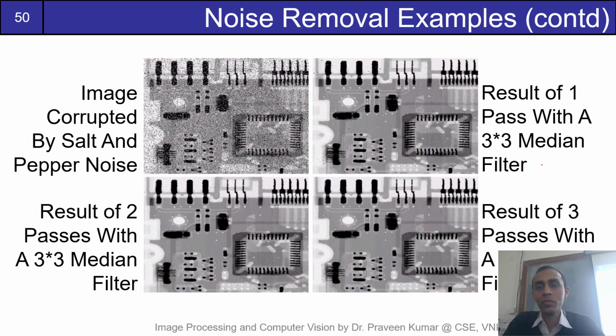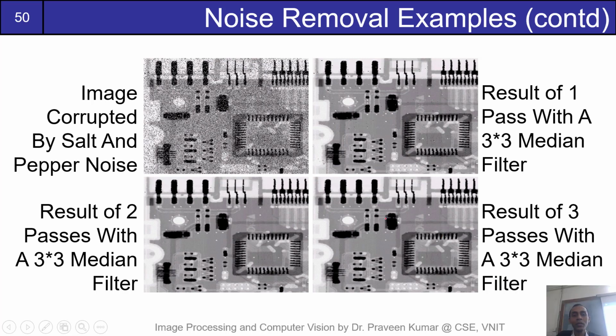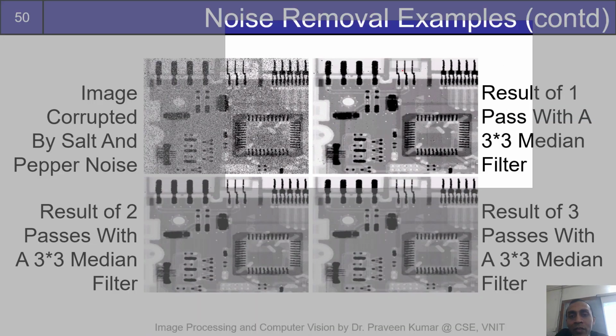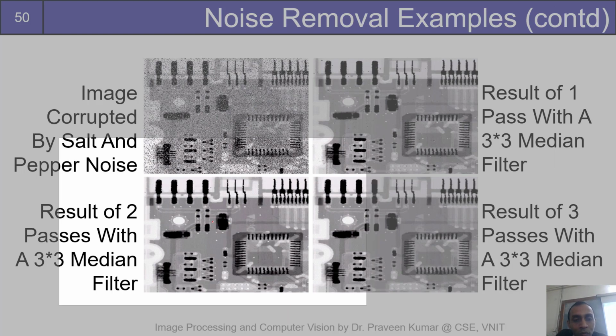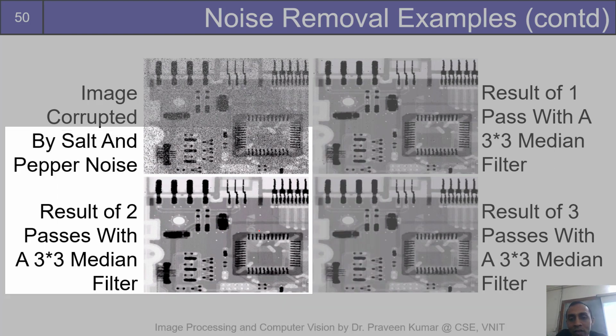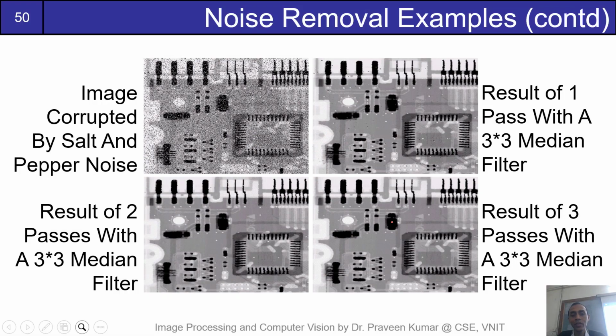So the result is being shown here. Same image, iteratively doing it by 3 by 3 gets rid of all the noise pixels. So if you can see in the original image here, you can see some speckles of noise still here. Here it is almost removed, but still some locations are there, and this one probably has removed everything.